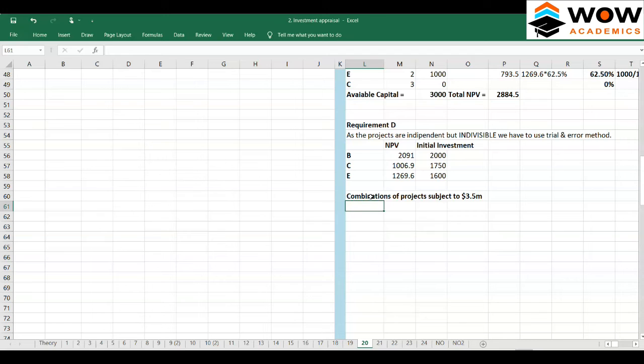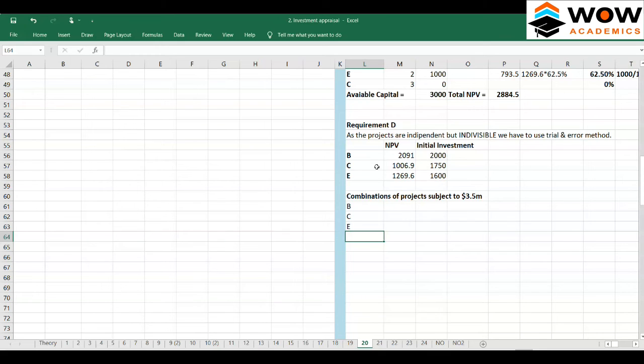So the combination you can have is B, C, E, you can put individually, or you can combine any of them. But if you combine B and E, that crosses the 3.5 million, right? That crosses 3600. If you put B and C, that also crosses the initial investment, because that comes to 3050.